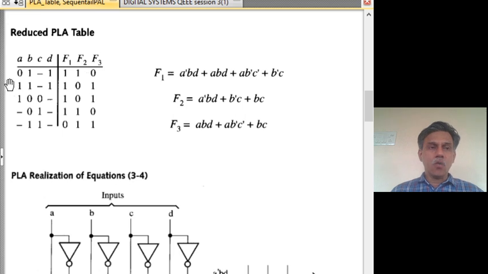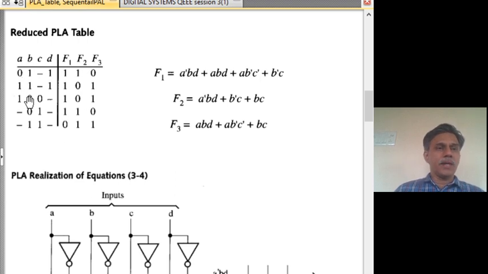Each row in this PLA table, which I will explain soon, stands for one product term. Since the number of distinct product terms is minimal, the resultant PLA table is called the reduced PLA table. So we should always go in for a joint minimization and come up with a reduced PLA table and use it for programming.